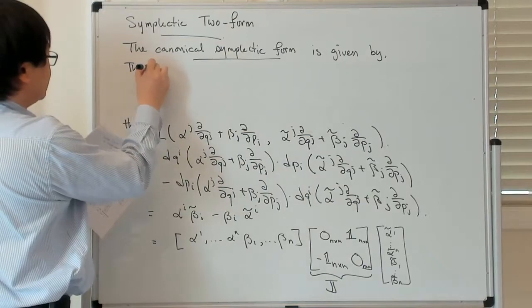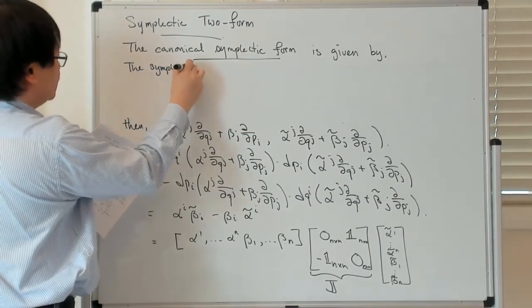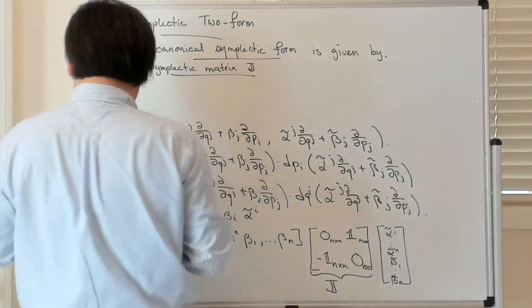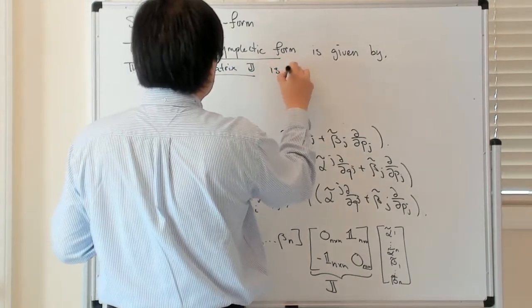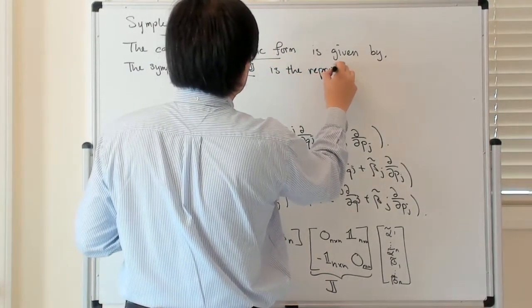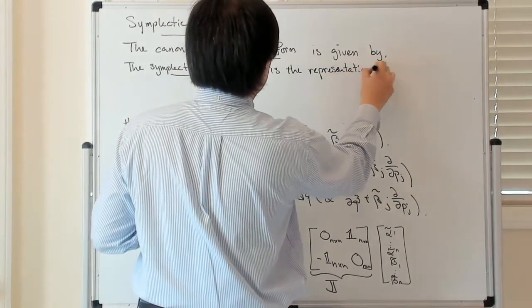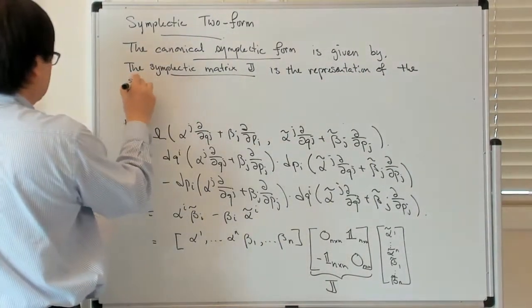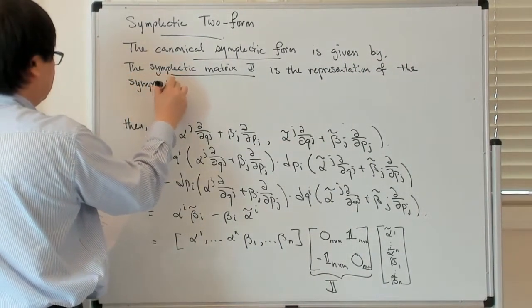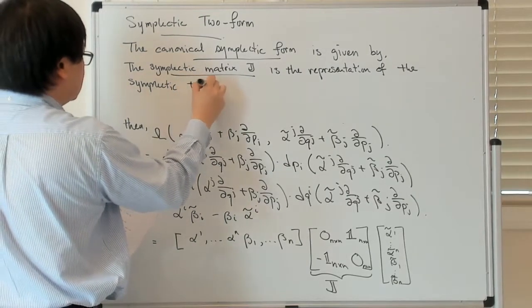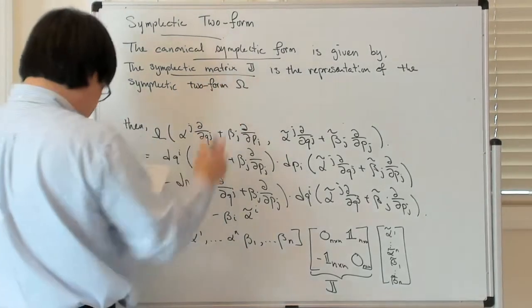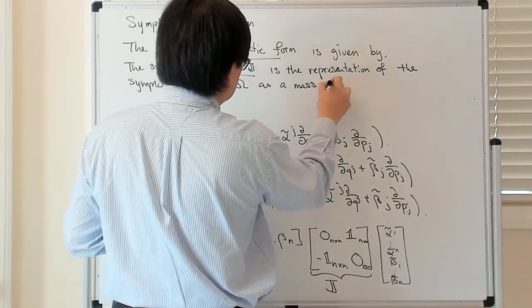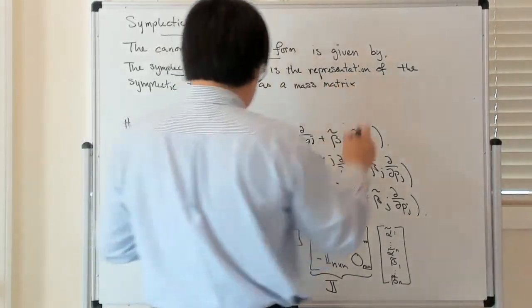So the symplectic matrix J, right, is the representation of the symplectic 2-form omega, right, as a matrix in a bilinear form.